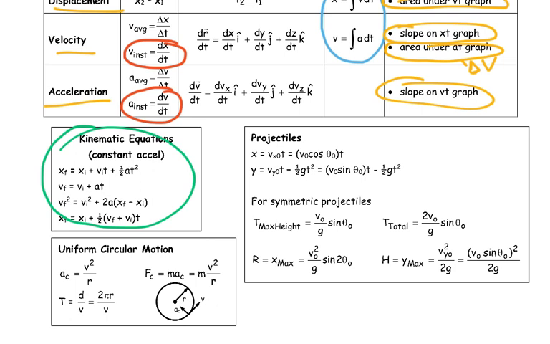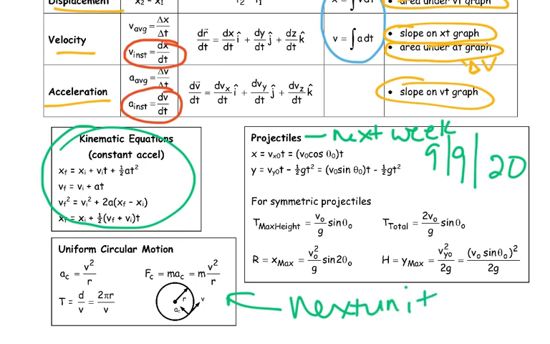Projectiles, this is what we're going to start on next week. I think we start on the 9th with the projectile stuff. And then the circular motion stuff, we may look at a little bit of that right now. Otherwise, we're going to do that in the next unit, okay?